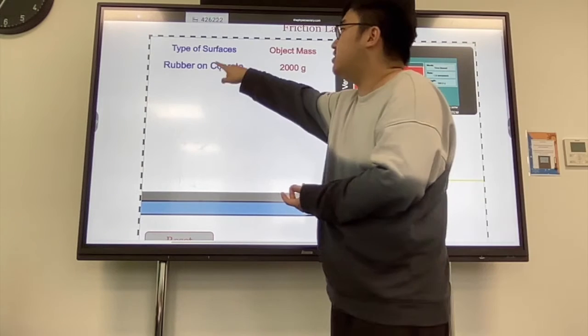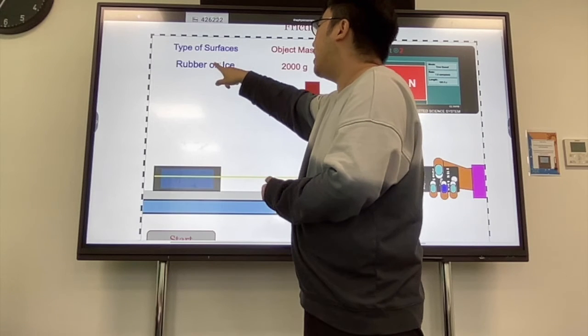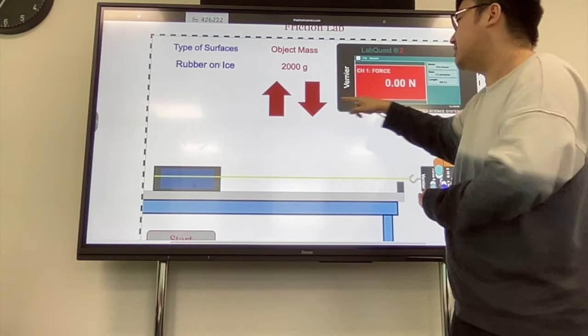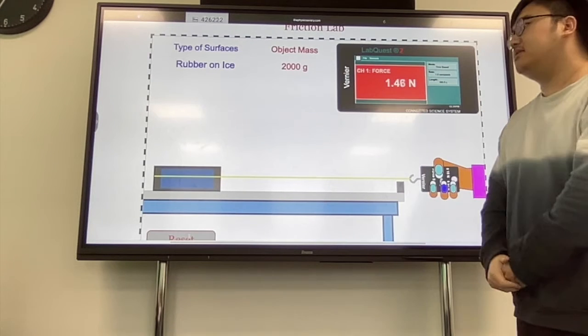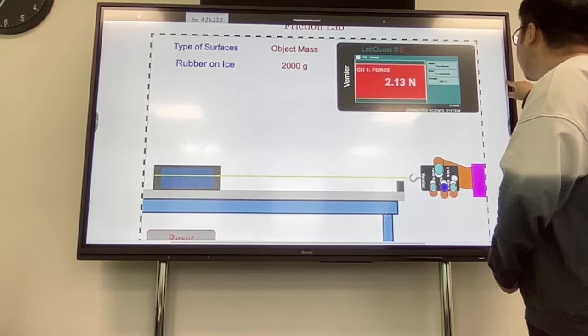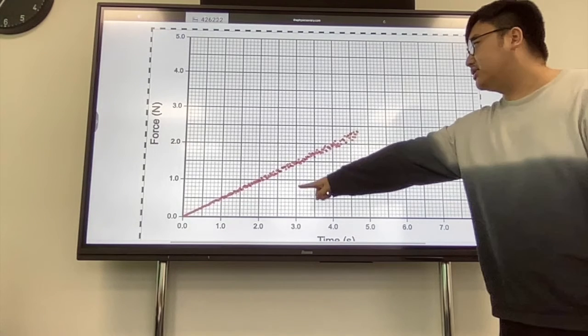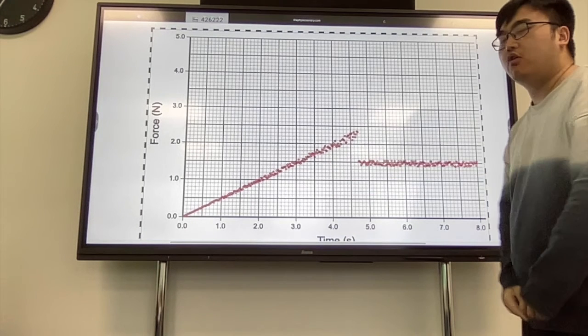But if we change it to ice with the same weight, we can start it, and then we will see the force and time graph. We can see it only needs about 1.5 force.